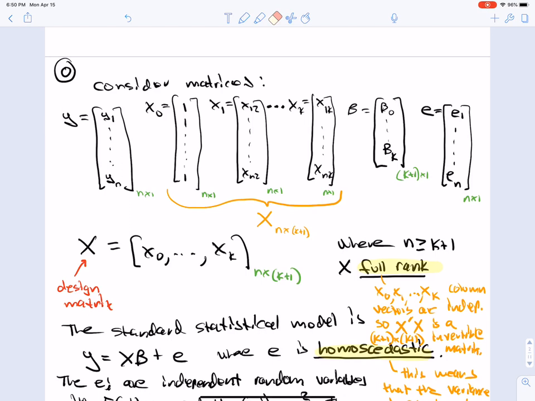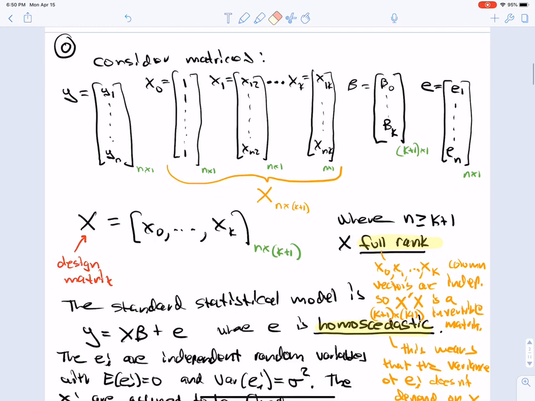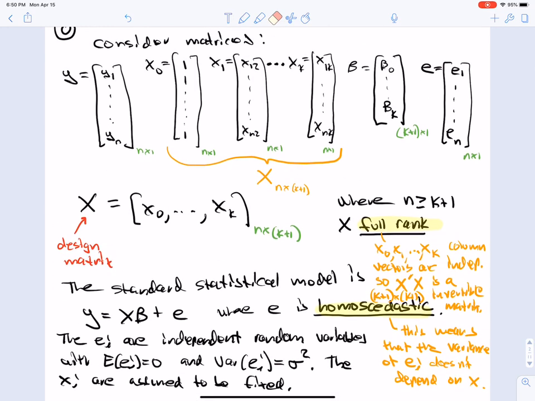So that's an n by 1 column vector as well. Put all the x's together, x0 to xk, we get an n by k plus 1 matrix called the design matrix. n here is greater than or equal to k plus 1. We assume that x is full rank, which is to say that these column vectors are independent, so that x transpose x is an invertible k plus 1 by k plus 1 matrix.